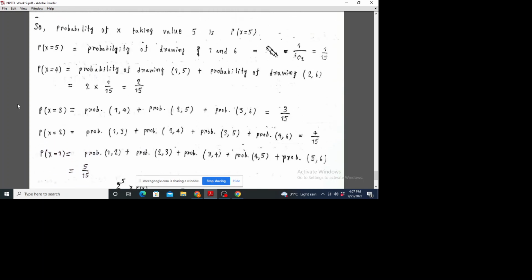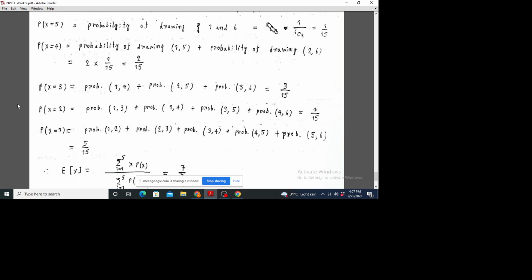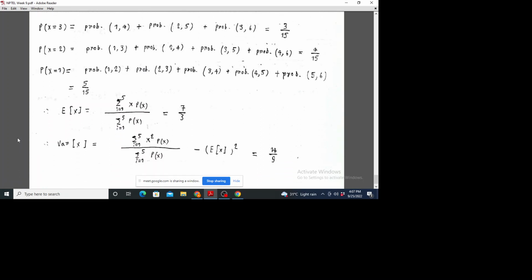So the discrete random variable x can take the values 1, 2, 3, 4, 5 with the associated probabilities that we have just calculated. Now we simply use the formula for mean and variance. For the mean, this is the formula, the average value. Use this and you will get 7 by 3.